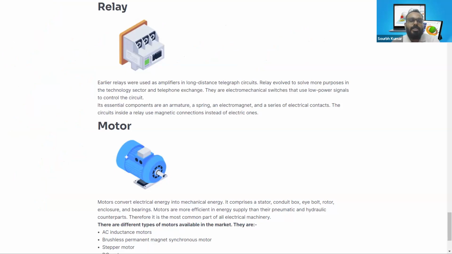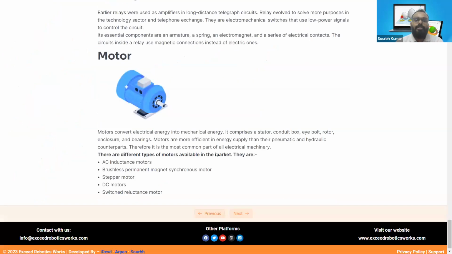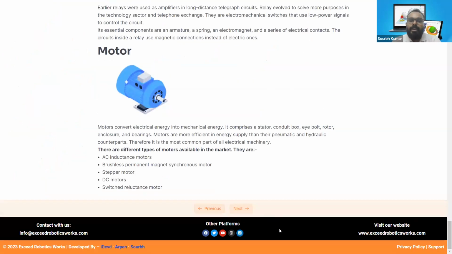And last but not least, what we do have is the motor itself. And you will know why we need a motor in our robotics devices. As I mentioned, a robotics structure requires three things. First one is the input, second one is the brain of the robotics system, and third one is the output device, right?